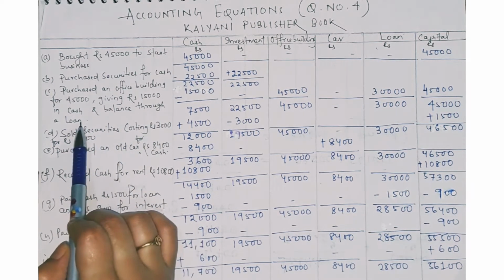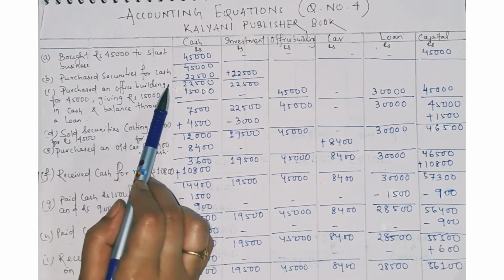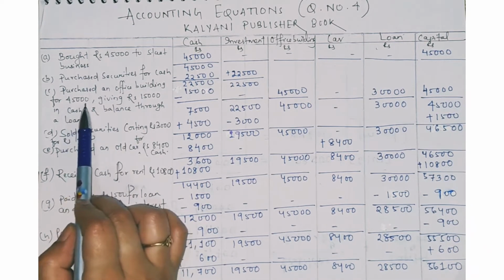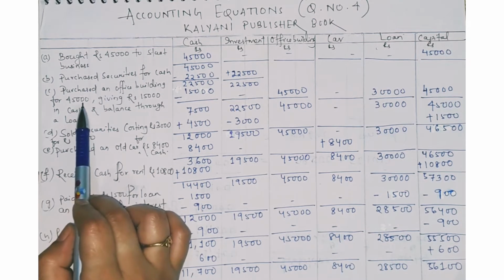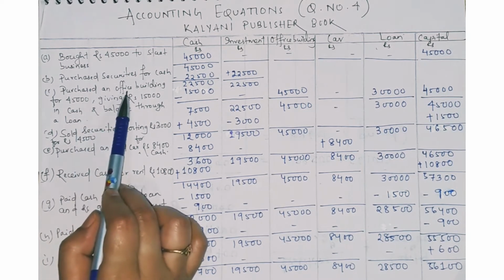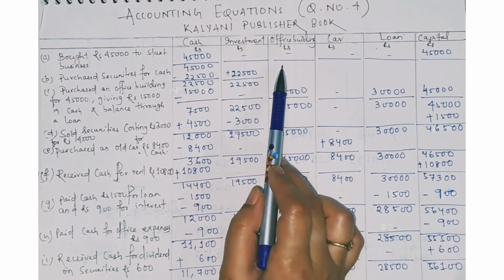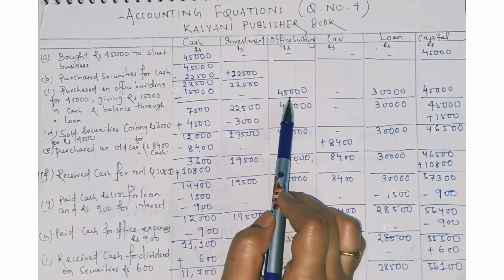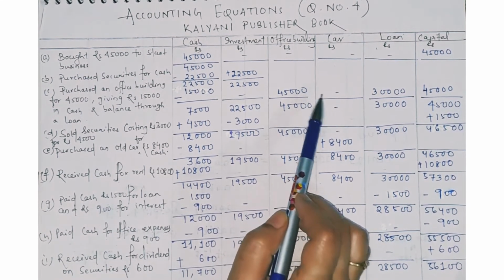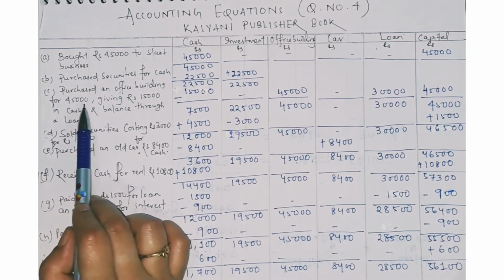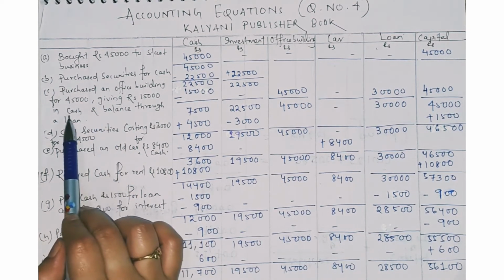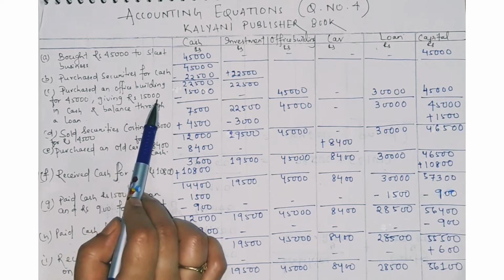Okay, now next transaction is purchased an office building for rupees 45,000, giving rupees 15,000 in cash and balance through a loan. Here we have purchased an office building for how much? For rupees 45,000. So rupees 45,000 of office building is an asset for us. So it will be shown as office building of rupees 45,000. Now we have made the payment through cash rupees 15,000.